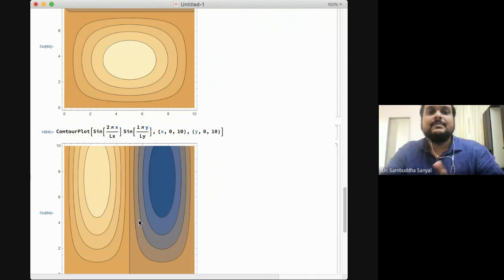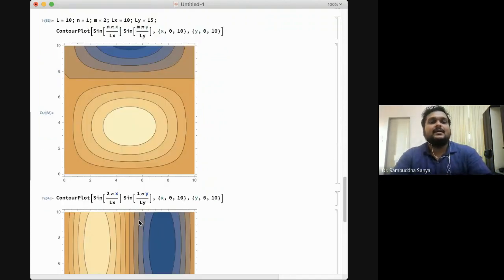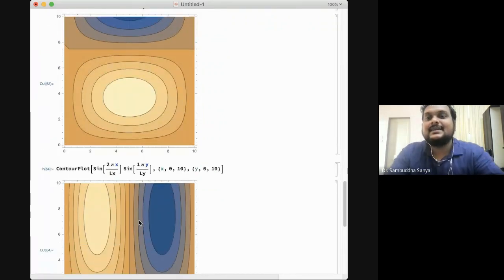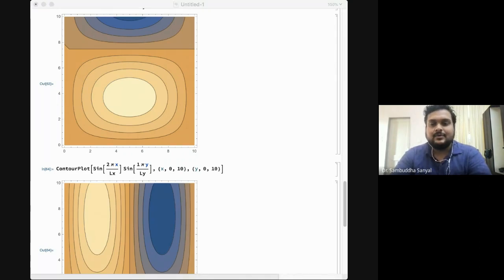Now this is not a flip partner. You cannot just flip one and get the other picture, because now it is a rectangle. The Lx-Ly symmetry is broken. So nx and ny need not match; the wave function is not going to match. The Hamiltonian doesn't have the symmetry, the wave function doesn't have the symmetry either. This is what I wanted to show you mathematically.